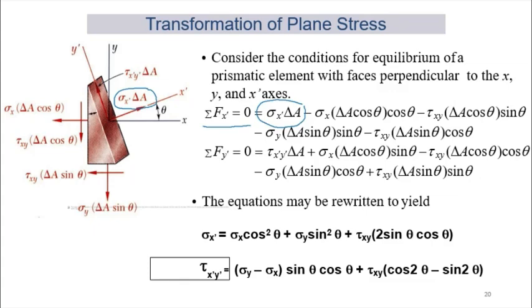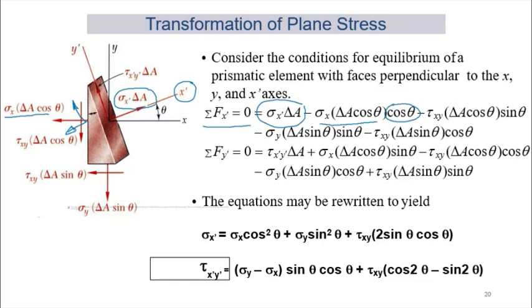We are taking summation of forces in the x prime direction. Therefore, this force here will have a component in the x prime direction, right? It will also have a component in the y prime direction for each of these forces. So now we have sigma x times delta A cos theta as the resultant, and the component is times cos theta.